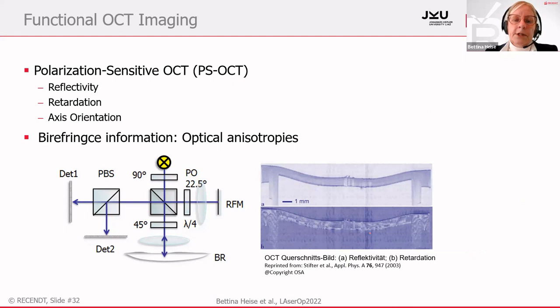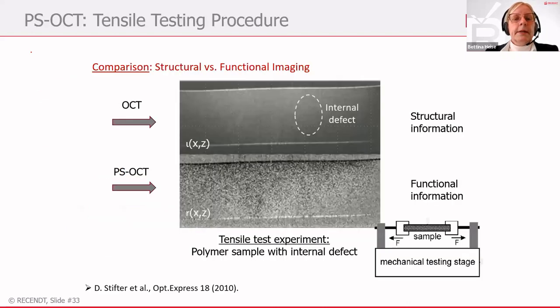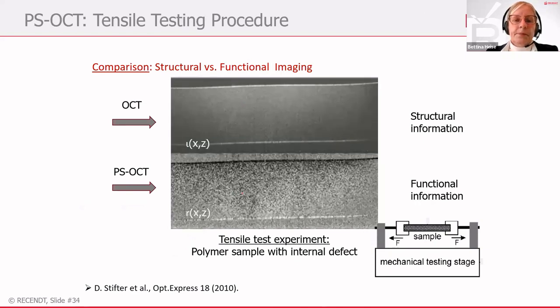In the lower image, you can see some flow pattern, and that is obtained by a so-called polarization-sensitive OCT, which measures according to two polarization channels and can give information about birefringence. Here, for instance, you see the conventional image and the birefringence image.